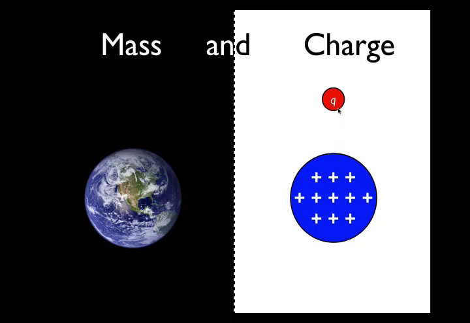If Q happens to be negative, the force will be attractive and Q will be pulled towards the positively charged object. However, similar to what I did on the left, I can say, well, what if we take away this little test charge Q? Now there's no longer any electrical forces in this situation because I only have one object and I need to have at least two objects to have a force.